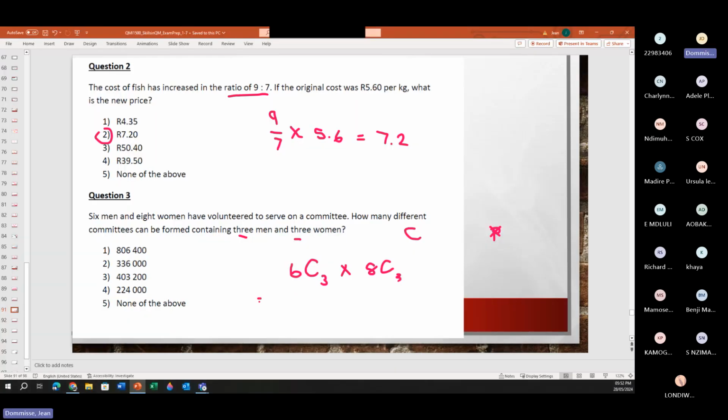Okay, so let's look at your calculator again. There's the nCr function. So 6 nCr 3. I hope it is right. I get that as 20. Then 8 combination 3.